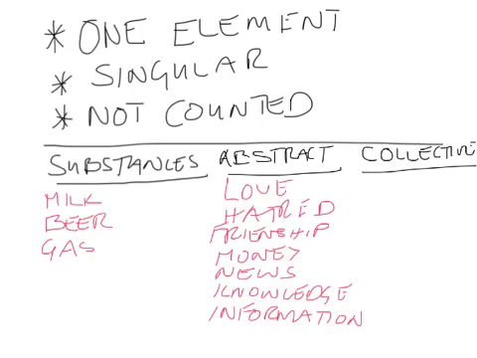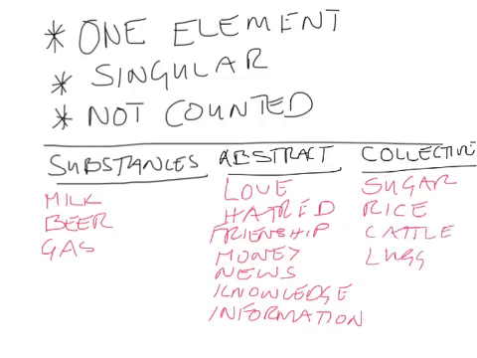Collective nouns deal with words that are, well, things, I guess, that are part of a greater mass. Sugar, or rice. Cattle.